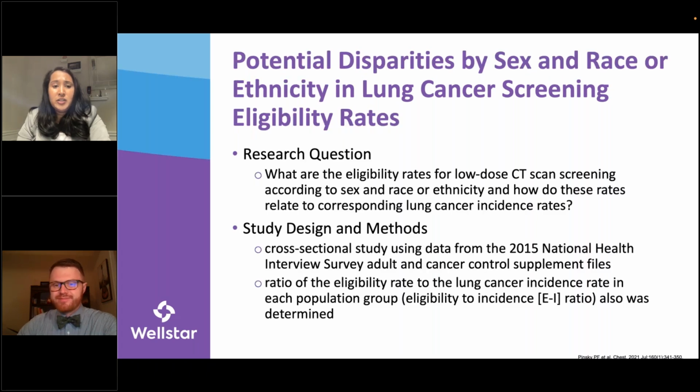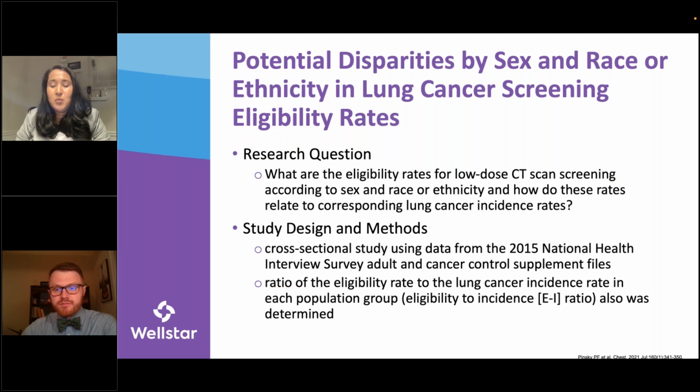So let's first look at the racial disparities. As you saw, between the 2013 USPSTF criteria to now, there was clearly that concern of the African American population. But even now, with this expanded smoking history and reduced age range, have we eliminated all of those racial disparities?